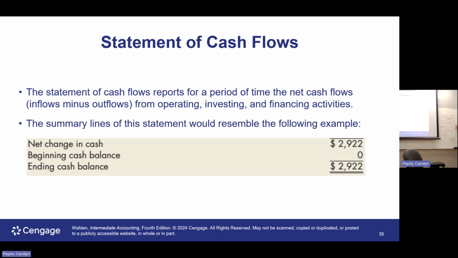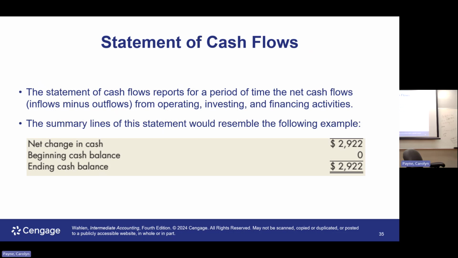And by looking at this statement, you can see how much cash was provided by operations, how much was provided by or used in investing, how much was provided by or used in financing, what the change in cash is, and what your beginning and ending cash are. So you take your income statement, which is on accrual basis, and you convert it to cash. This statement shows you how much your operating activities actually provided in cash during the period. Does that make sense? I love the statement of cash flows. It's a beautiful thing.